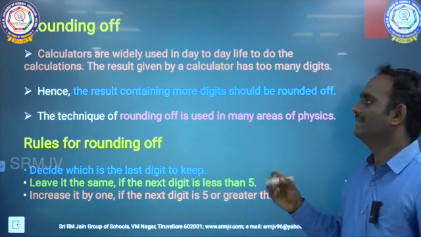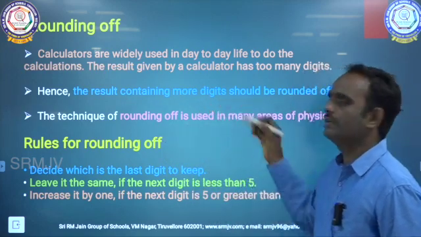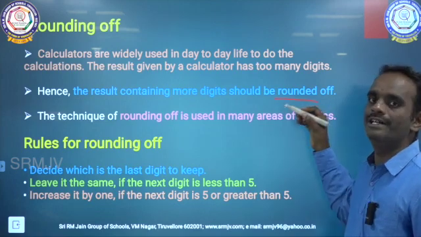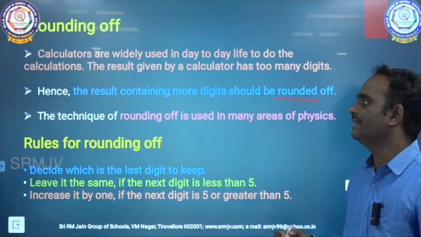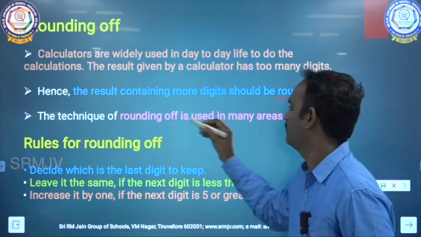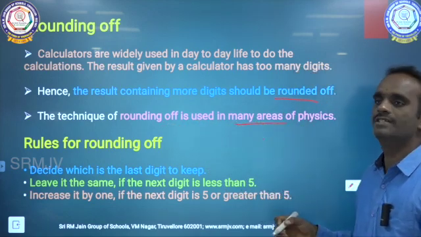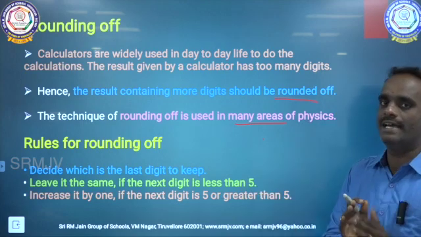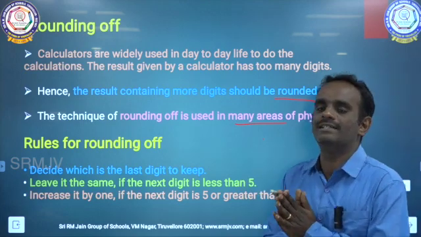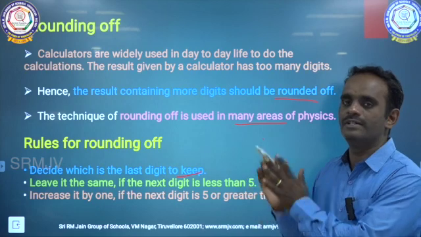Hence, a result containing many digits should be rounded off. The technique of rounding off is used in many areas of physics. Rules for rounding off: decide which is the last digit to keep, you have to decide.